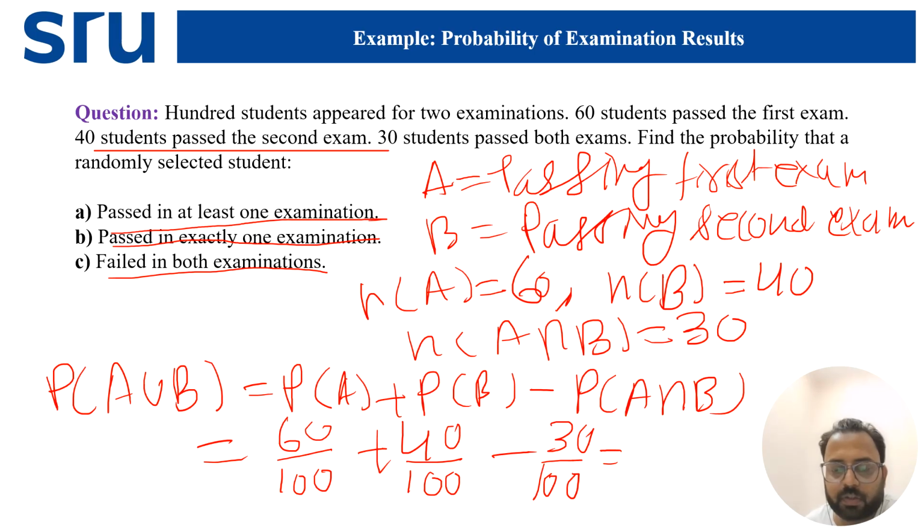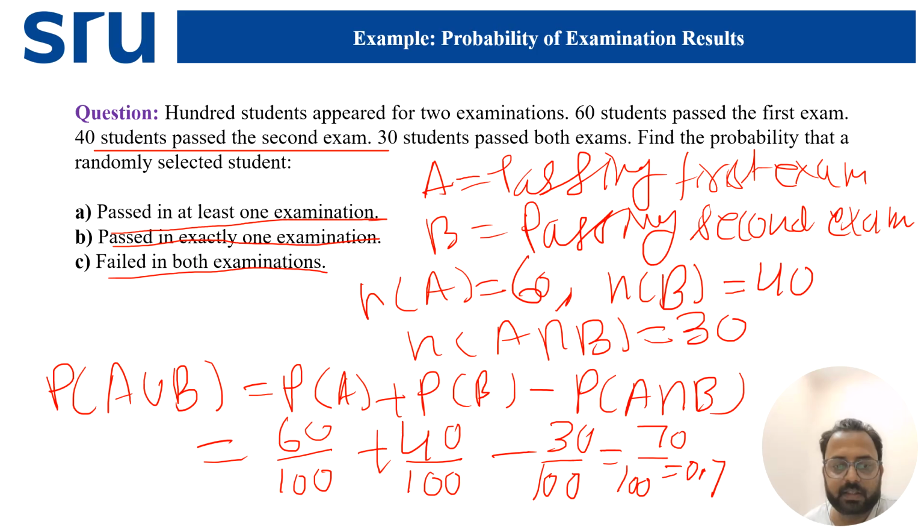So 60 plus 40 is 100, minus 30 is 70, 70 by 100, so 0.7. So 0.7 is the probability of passing at least one examination.